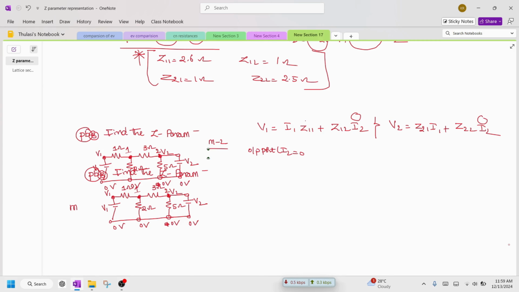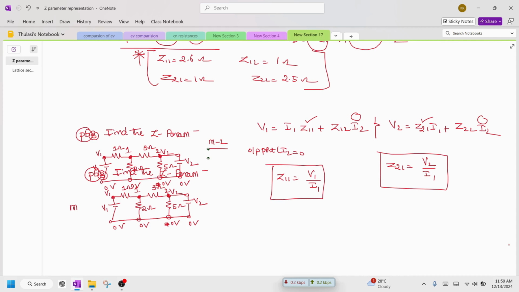Whenever I2 is 0, you can get Z11 as well as Z21. So Z11 is equal to V1 divided by I1, which we are going to find first, and Z21 is equal to V2 by I1. So these two we are now going to find out.